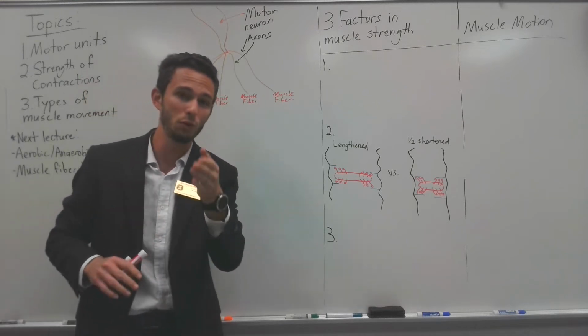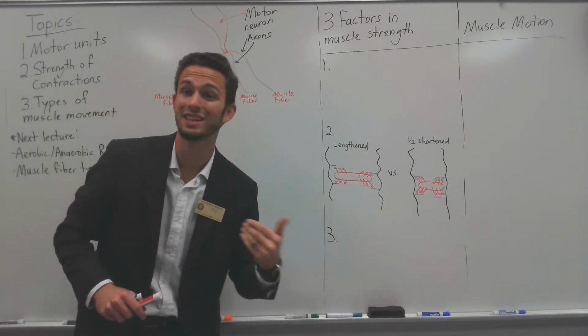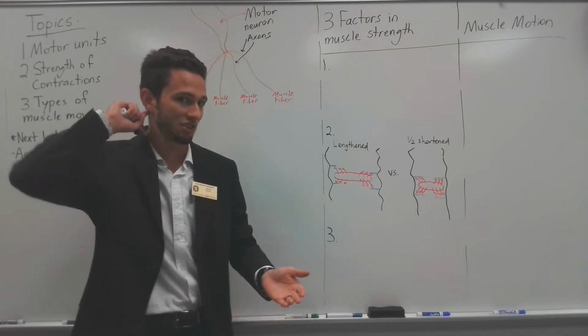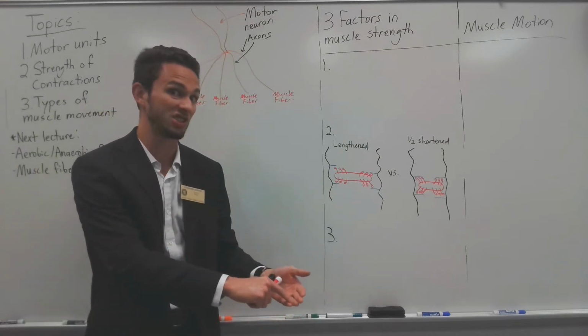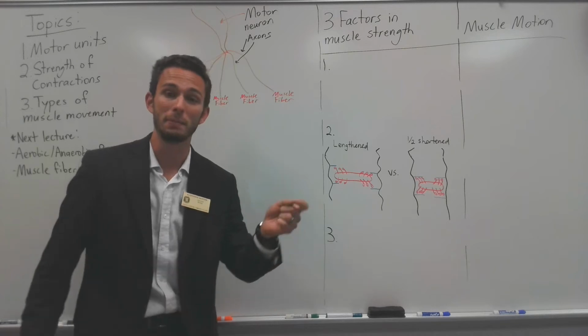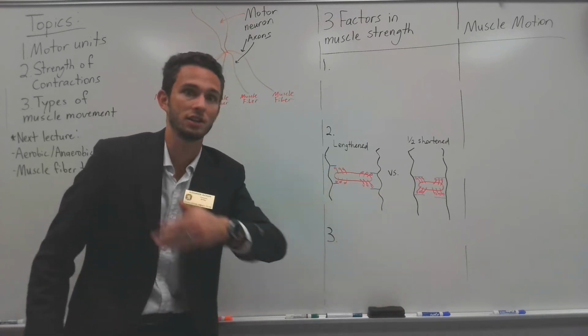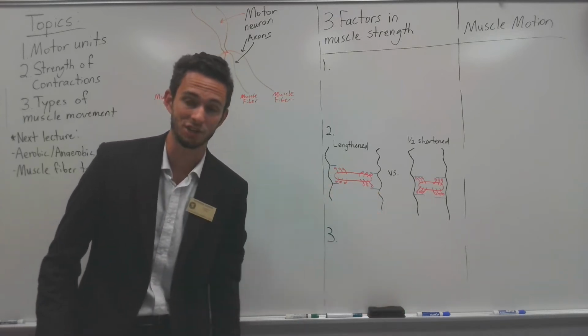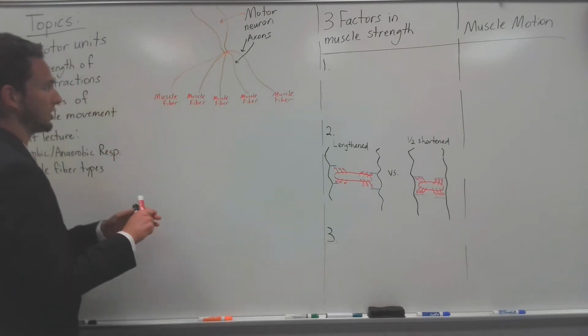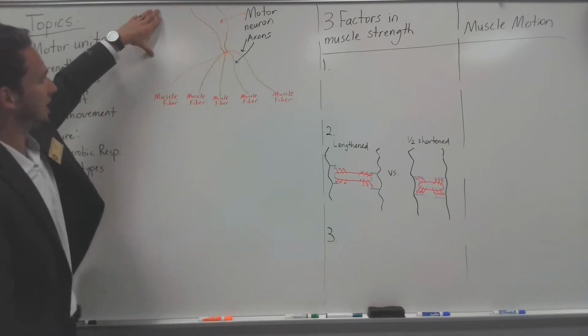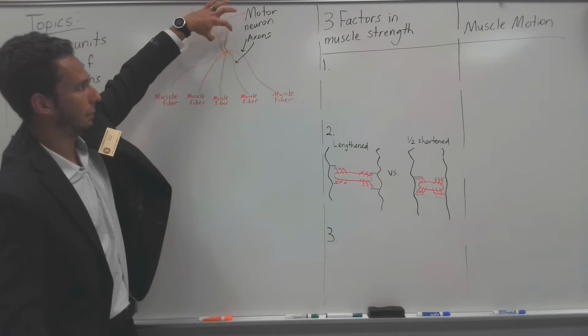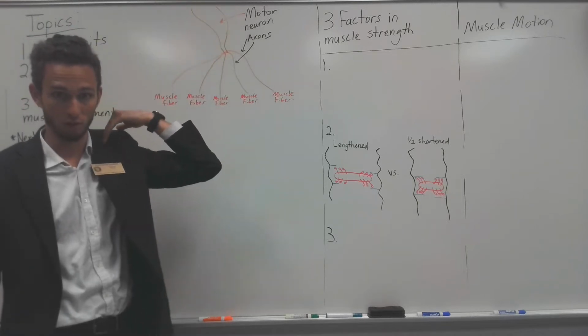So basically, if we want to move a muscle, a skeletal muscle specifically, we need to send an action potential, a signal, down a neuron and basically tell the muscle to contract. We went over all the steps in the last lecture. Now, motor units are basically, we're saying that there is a motor neuron coming down from the brain spinal cord, right?